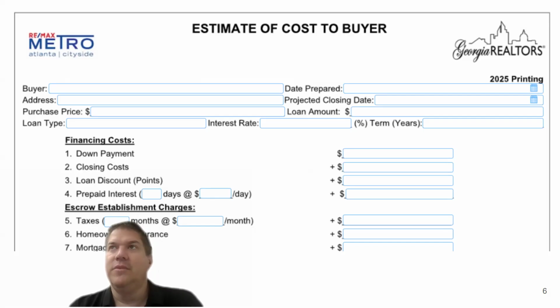I just did a closing, I don't do them very often, and the attorney actually got us the closing disclosure for the seller side, because I represented the seller, really early, probably a week after contract. But it was a fairly simple one. There was no loan to pay off, so I think that's part of the reason why it came so easy. So again, you can rely on the attorneys to do this.